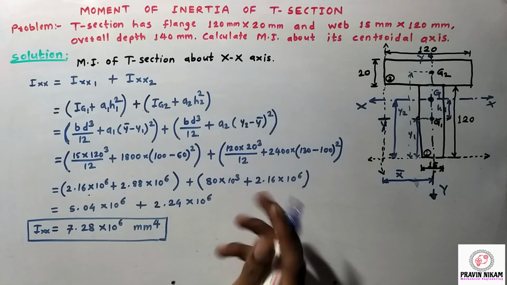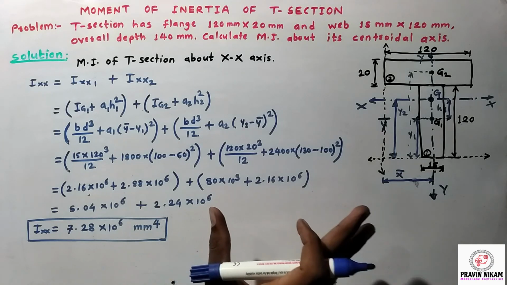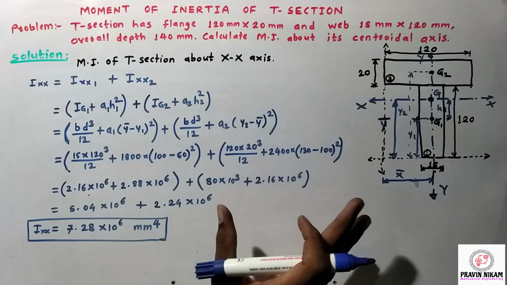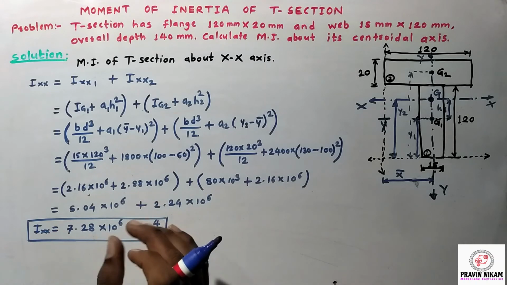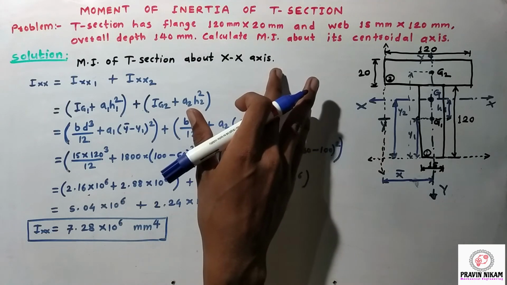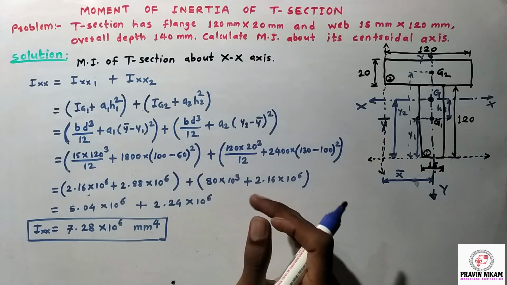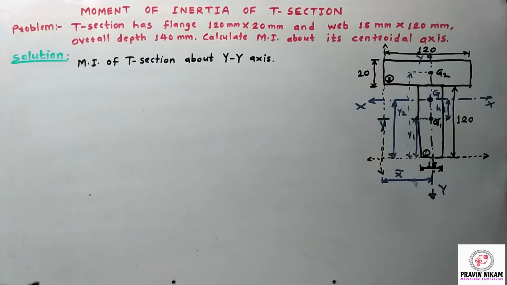So this is the simple method to find out moment of inertia about centroidal axis of a composite figure. Now this is your half answer. Now you have to find out moment of inertia of T section about YY axis also. So see how to find out moment of inertia about YY axis. Now see for YY axis.